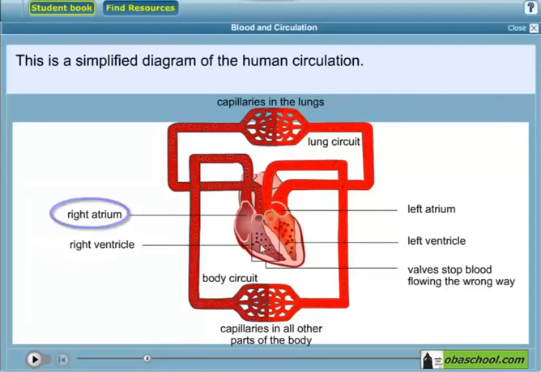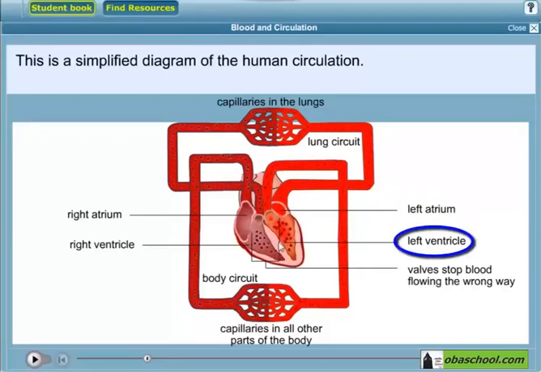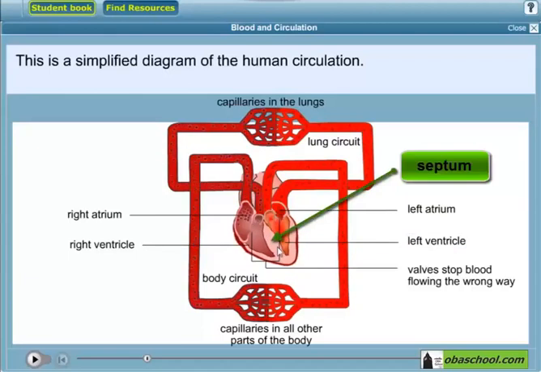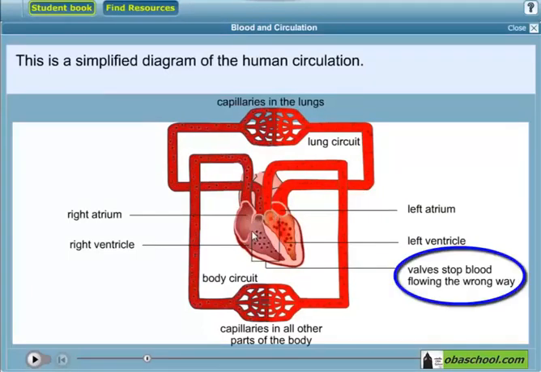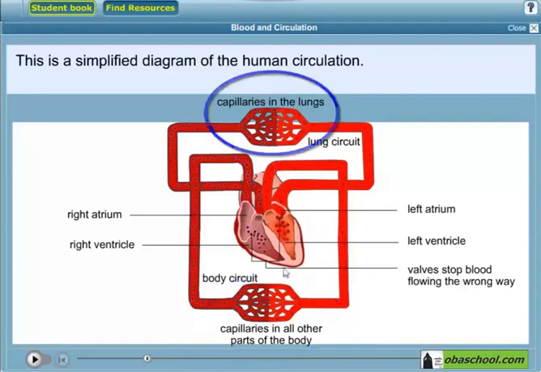We have the right atrium, the right ventricle, the left atrium, and the left ventricle, the four chambers of the human heart. This is the septum, separating the right and left ventricles. And we have valves in order to stop the blood from flowing the wrong way. We have capillaries at the levels of the lungs for gas exchange, as well as at the levels of the body organs.